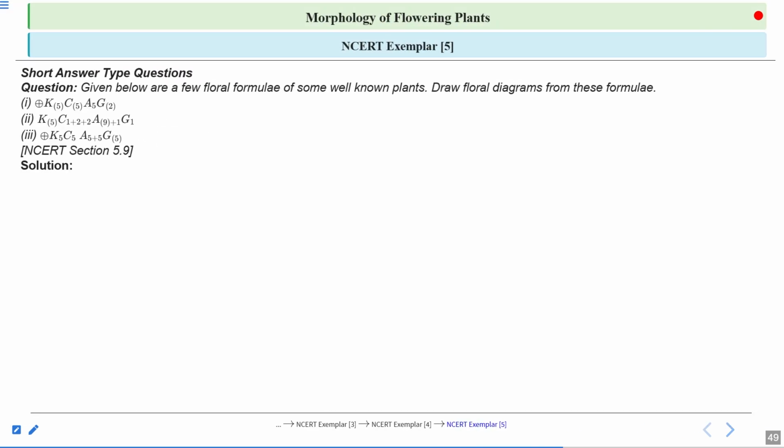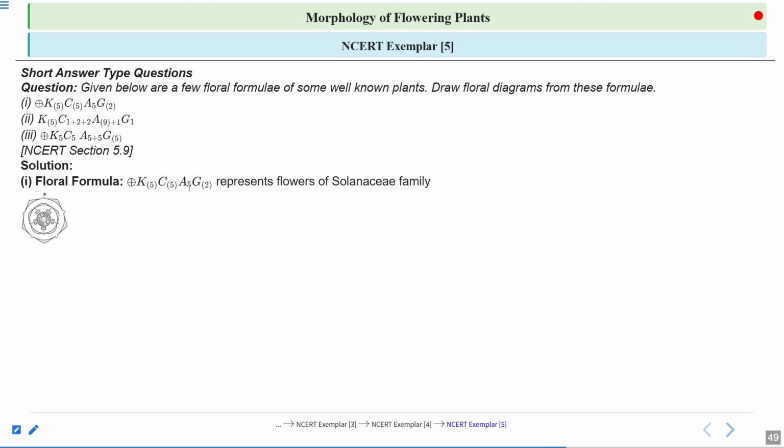Floral formula, first one. It is actinomorphic. Okay, actinomorphic, many planes of symmetry are there. K5, you can see 1, 2, 3, 4, 5 sepals, and they are all united because it is written in brackets. Corolla 5, all united because it is again written in brackets. So here you can see the petals, 5 and united.